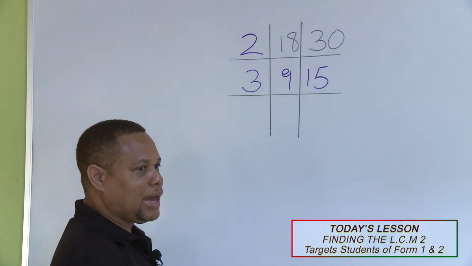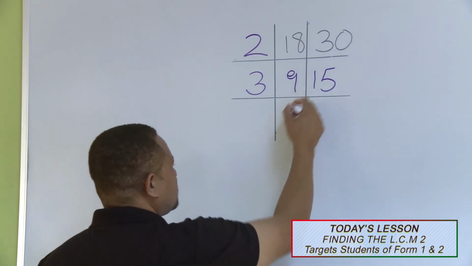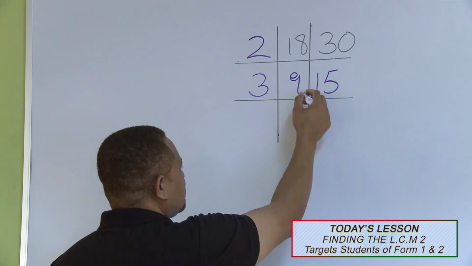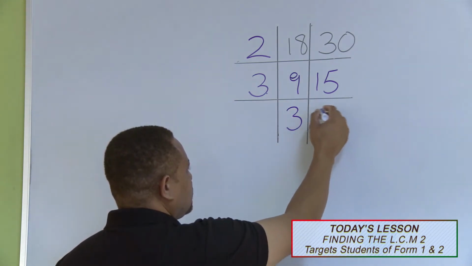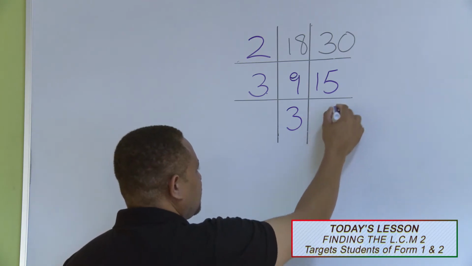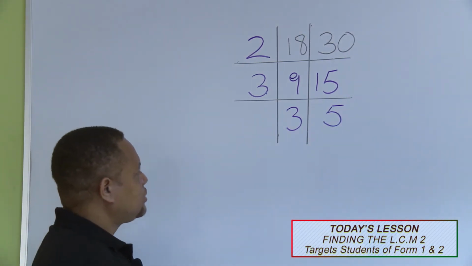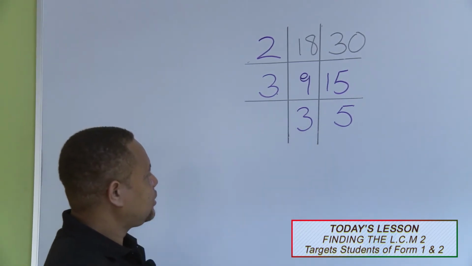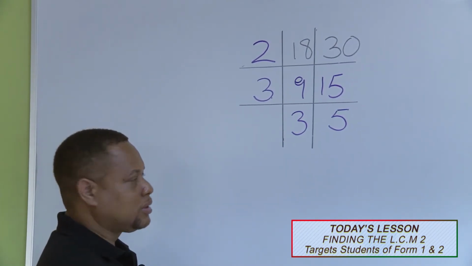And now we are going to divide the two numbers using the 3. So 3 into 9 goes 3 times, and 3 into 15 goes 5 times. Now what we have here is 2 prime factors, and we basically can't divide anymore.